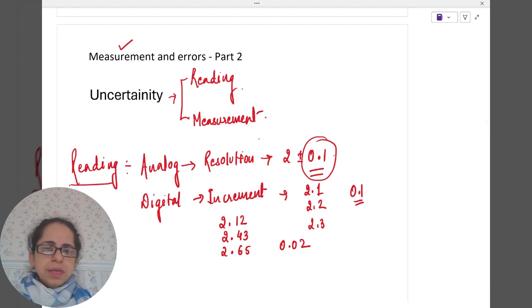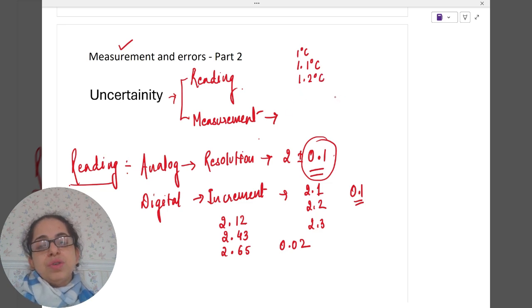Now for the measurement part. Let's see how you're using those readings. Let's start with the simplest one. You're using a thermometer to take some readings. Let's say the readings are 1 degree Celsius, 1.1 degrees Celsius, and 1.2 degrees Celsius. Now you want to tell what's your temperature.